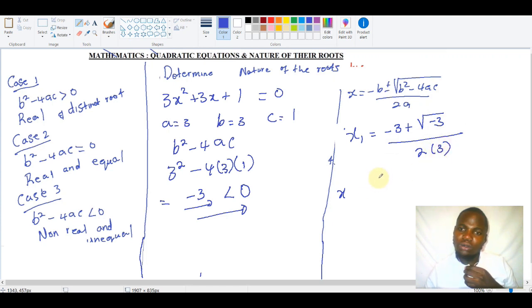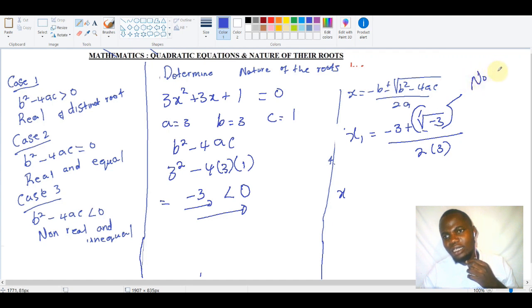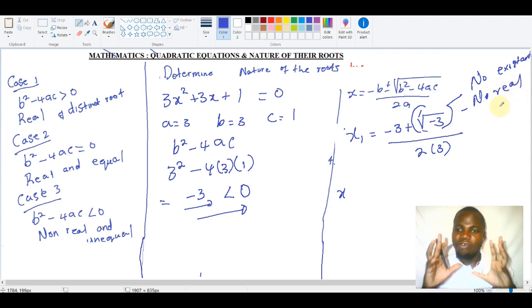Okay, so if you see now we have this part here, which is the root of negative 3, which is non-existent, or it makes our thing non-real. You cannot have a square root of a negative answer.